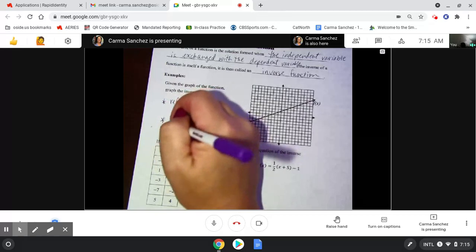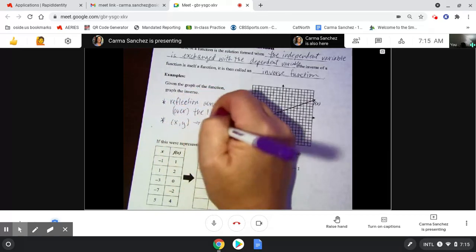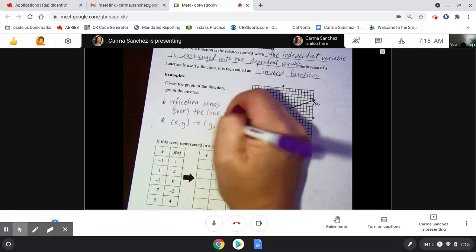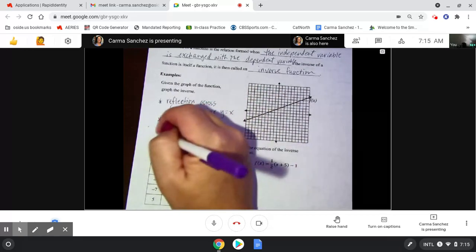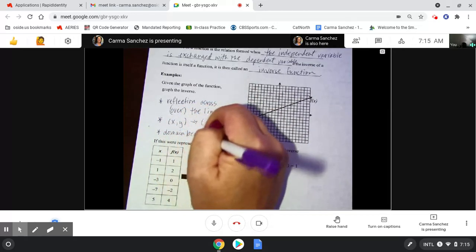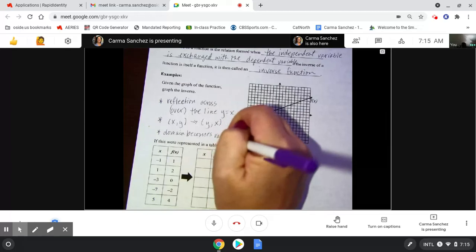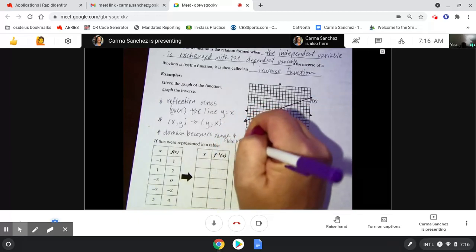And it's when we take the original x and y pairs and we completely switch them out and make it the y's become the x's and the x's become the y's. This means that the domain becomes the range and vice versa. The range becomes the domain.